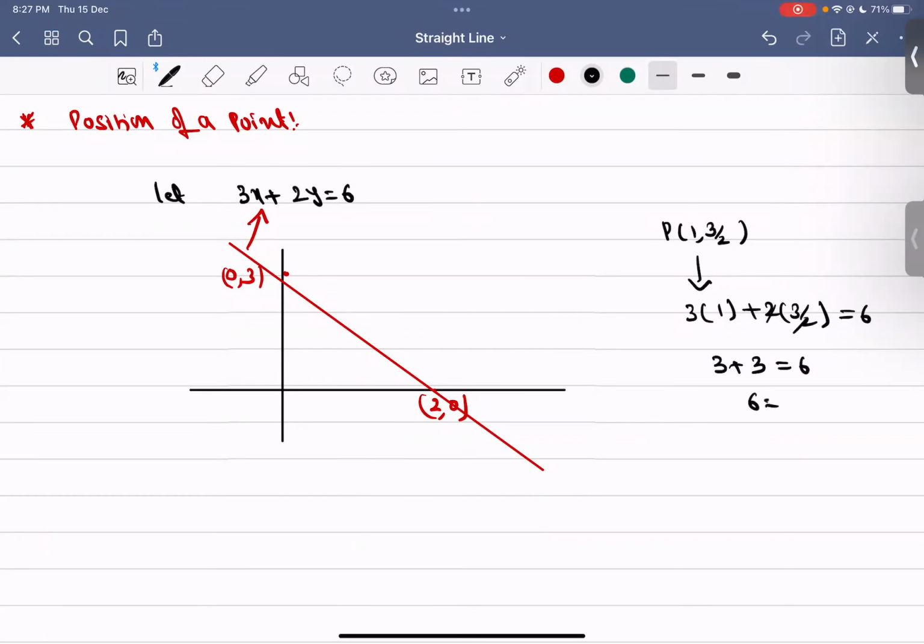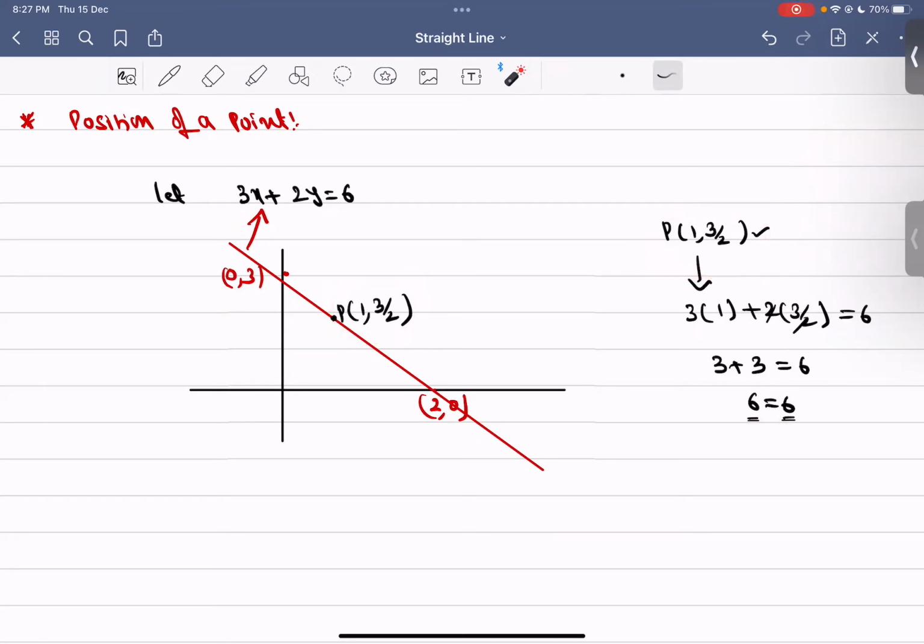Therefore 6 is equal to 6. So is 1 comma 3 by 2 satisfying this line or not? Yes. It is satisfying, that is 6 minus 6 equals 0, which means this point 1 comma 3 by 2 is satisfying this line.